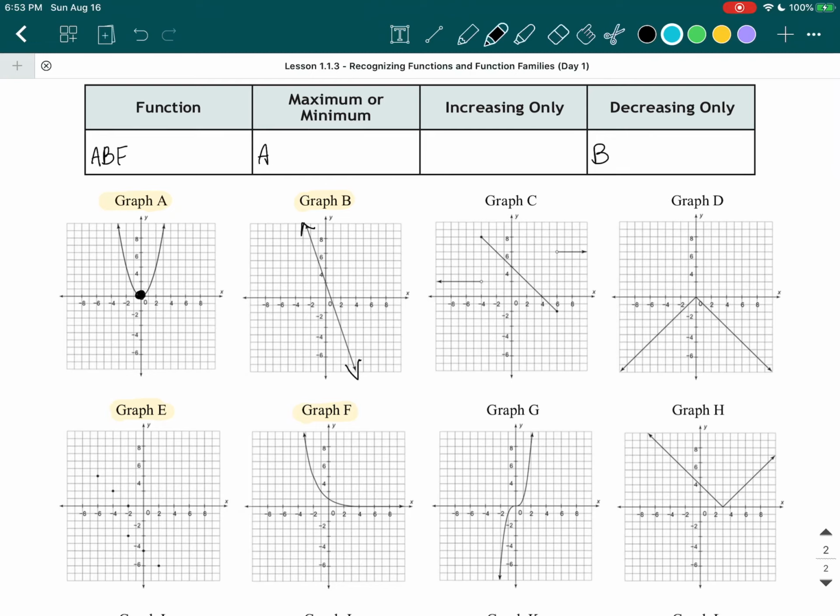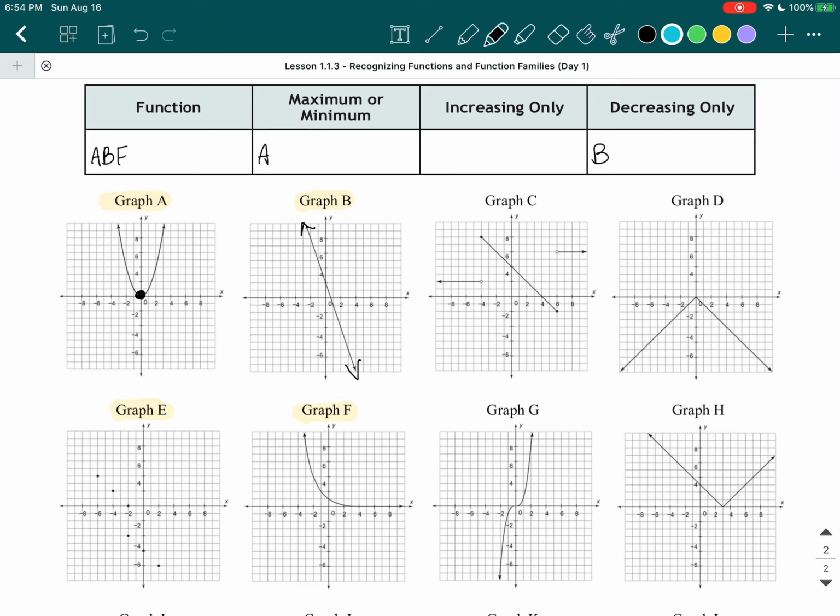Okay, now let's check for maximums and minimums. Taking a look at graph E, it's going to be a little bit confusing because graph E is just a bunch of little dots, right? So let's see, is there an absolute maximum or minimum?